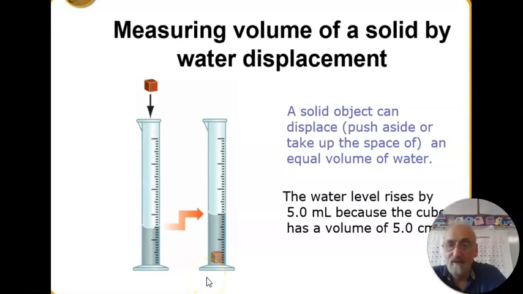It kind of makes sense. So if the water level goes up 5 milliliters, then the volume of that block that was dropped in must be 5 milliliters. And we can call that 5 cubic centimeters as well, because a cubic centimeter is the very same as a milliliter. Good to know.